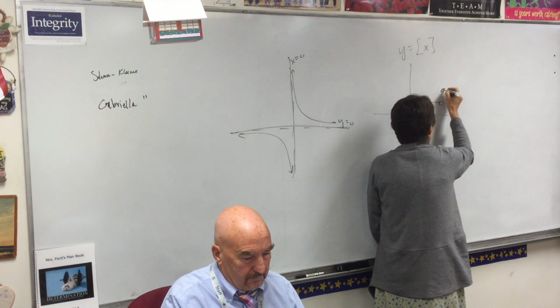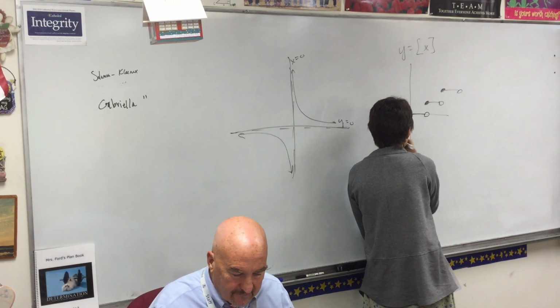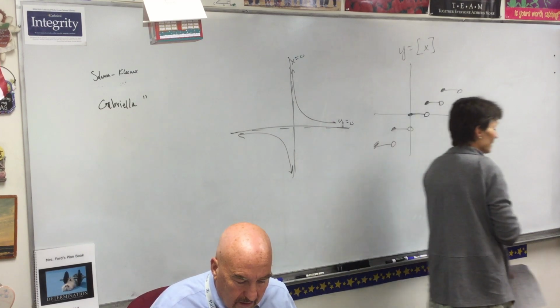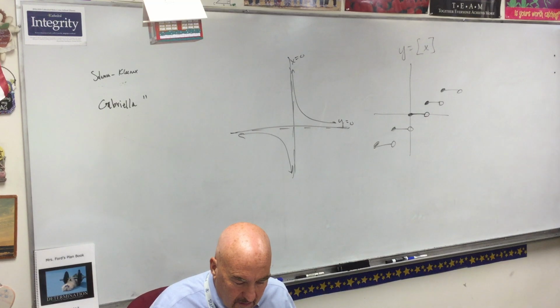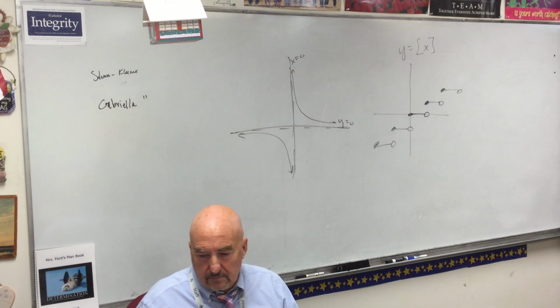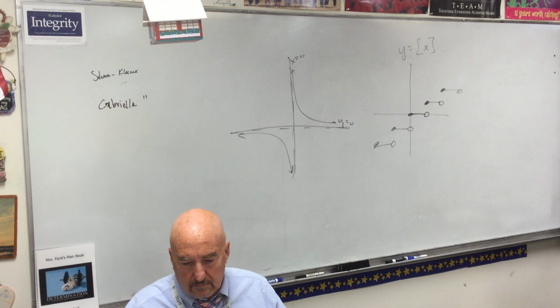So closed dots go right on top of the open dots. So it looks like that. All those little bars should be the same length. In reality, they are 1 unit long, but of course we don't have a grid on here, so you're just making them all the same length.